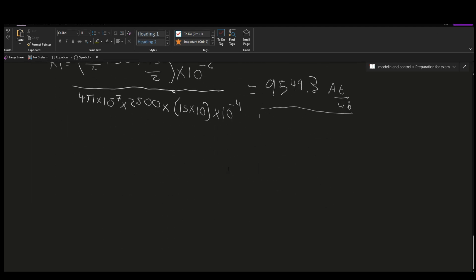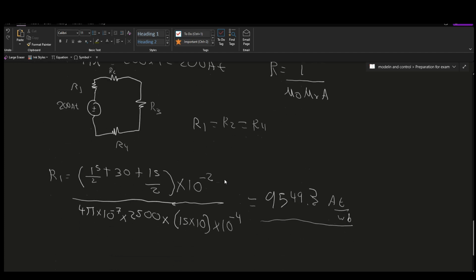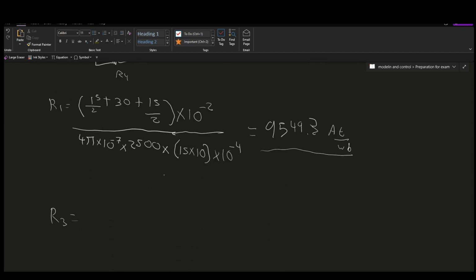Number 3, R3, is kind of the same at the beginning. It will travel half 15, 30, and half 15. So I'm just gonna write 45, that is what we have here, times 10 to the minus 2.